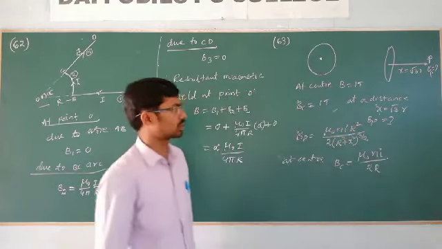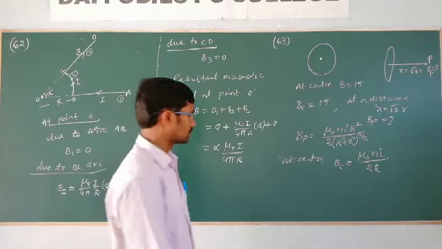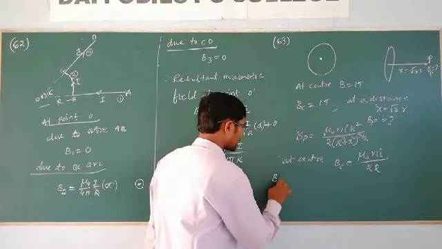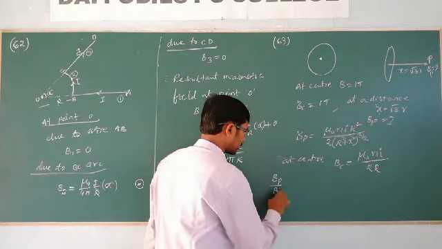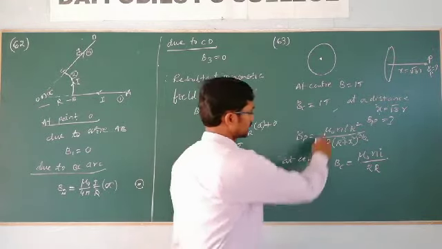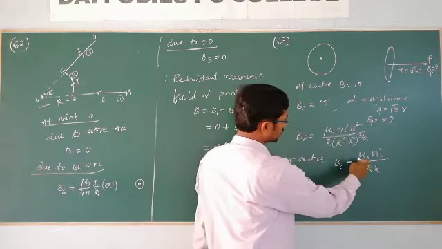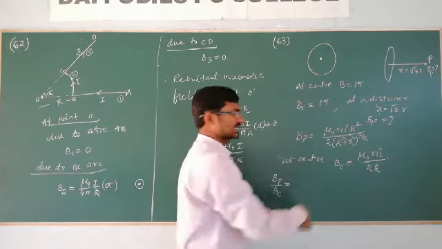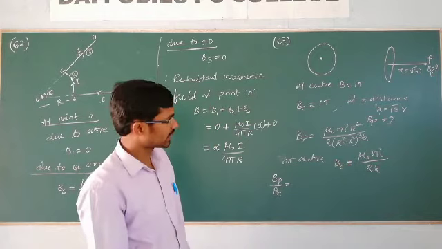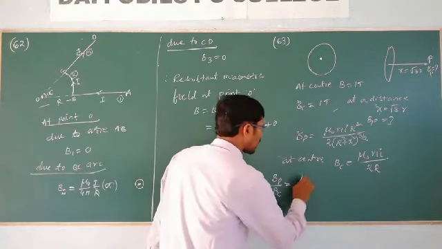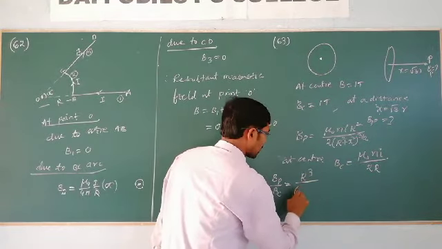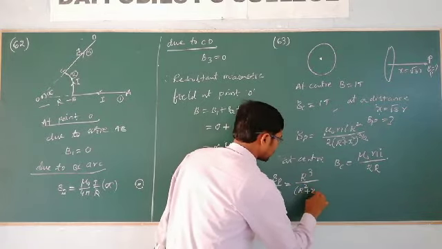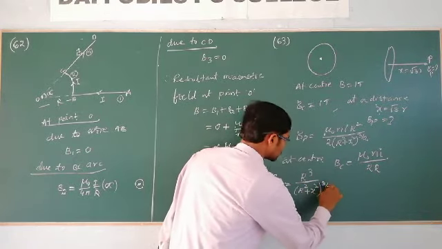So let us take ratio, then magnetic field at point P by magnetic field at center. So take ratio, you can mu naught N I cancel, 2 cancel. Now if you take this, r will be reciprocated, then r by I you get. So r cube by (r square plus x square) whole power 3 by 2.